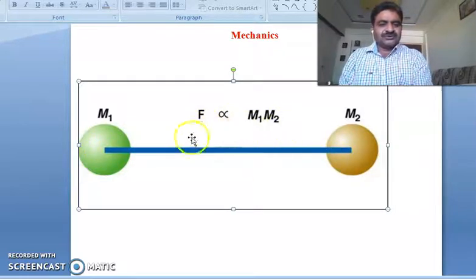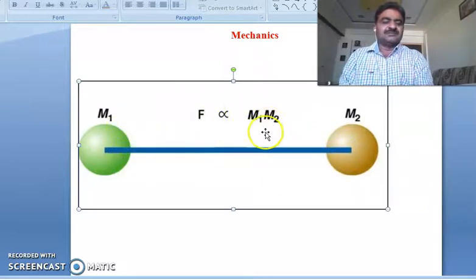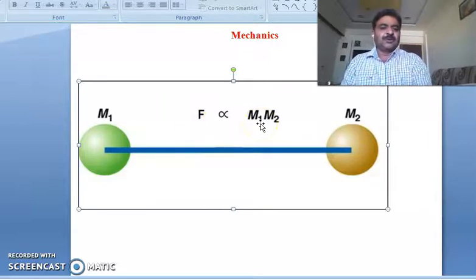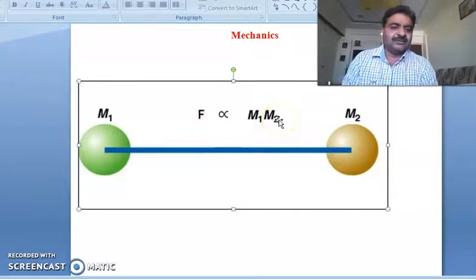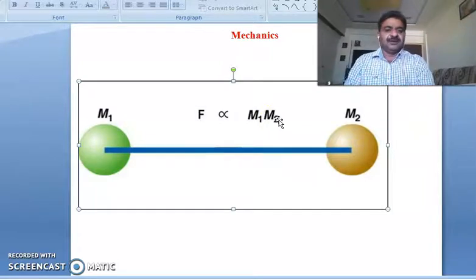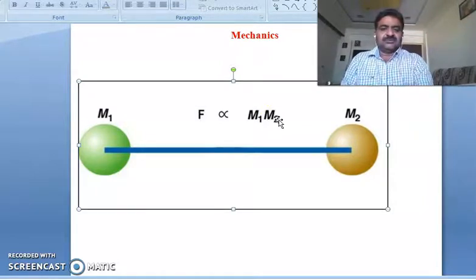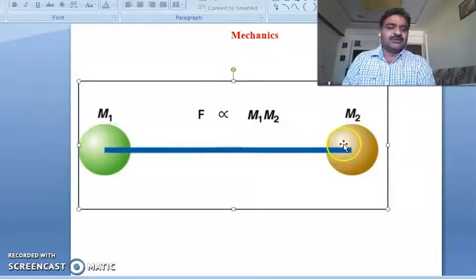Then the force exerted between these two bodies is F, and it is proportional to the product of M1 and M2. See this figure carefully and think about it. If the product of their masses M1 M2 is taken, then the force acting on these two bodies is proportional to the product.